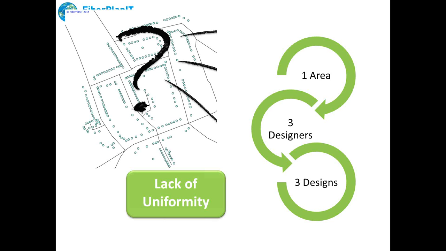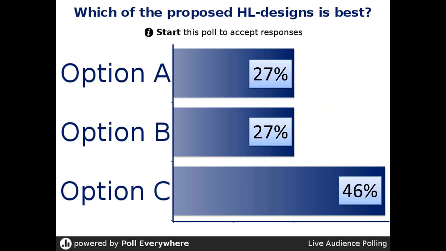But if you dive further into this example, in fact, we recently organized a workshop at an FTTH Council conference in Europe, where we had a broad audience before us, where we presented these 3 designs for the same area and asked them to evaluate and give their feeling about what would be the best design.